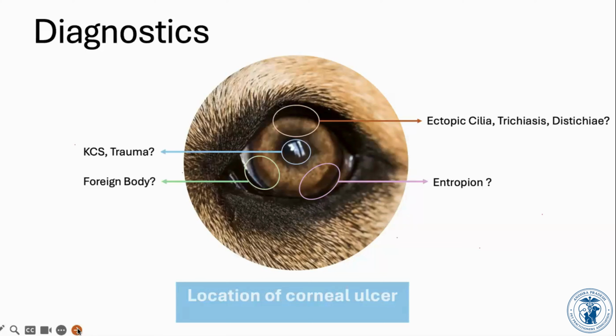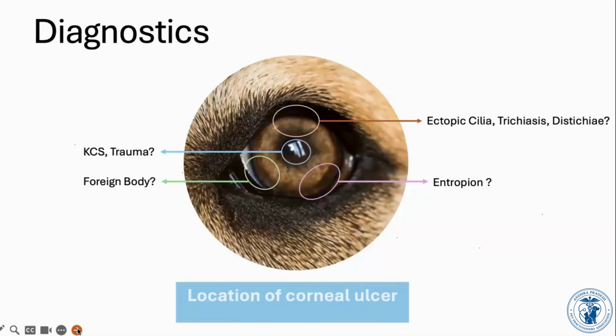In case of foreign bodies, most of the ulcers are present on the lower medial aspect, because most foreign bodies tend to lodge in the third eyelid. When they lodge there, they keep on rubbing and create linear lacerations on that area. So if you are getting an ulcer on the medial aspect, please check the third eyelid once, whether there is something lodged over there causing the ulcer or irritation.